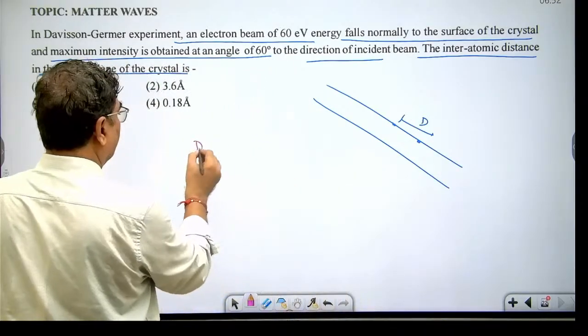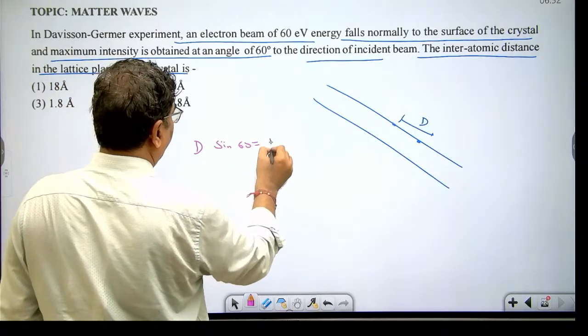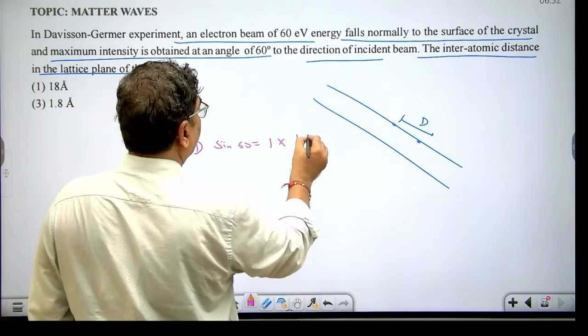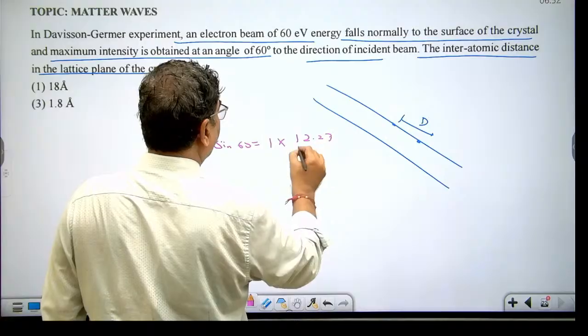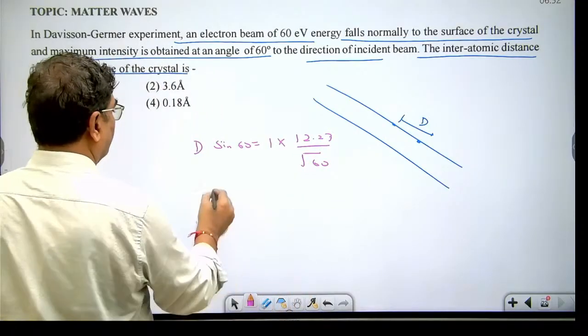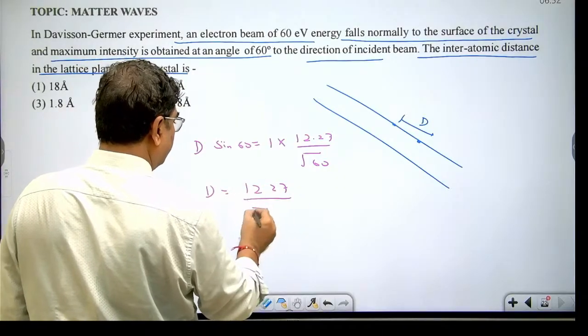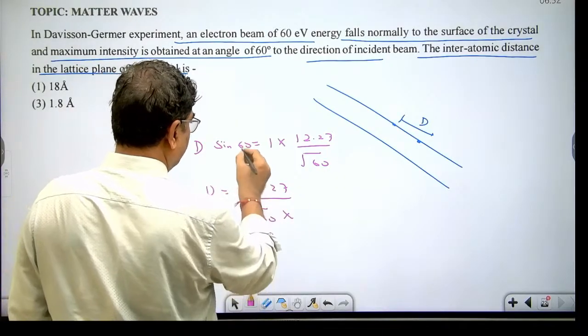So d sine theta equals lambda, taking first order diffraction, and lambda is 12.27 upon under root V. 60 electron volt means 60 volt. So after solving this, we get 12.27 upon under root 60, with sine 60 being root 3 upon 2.